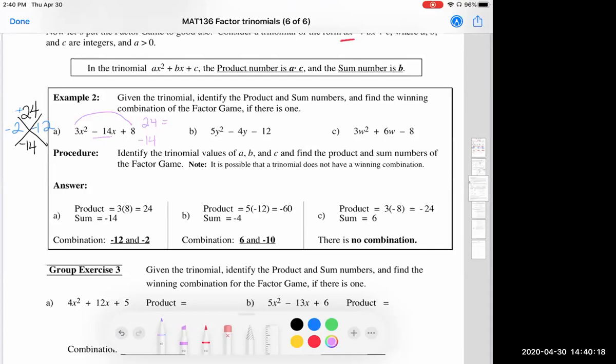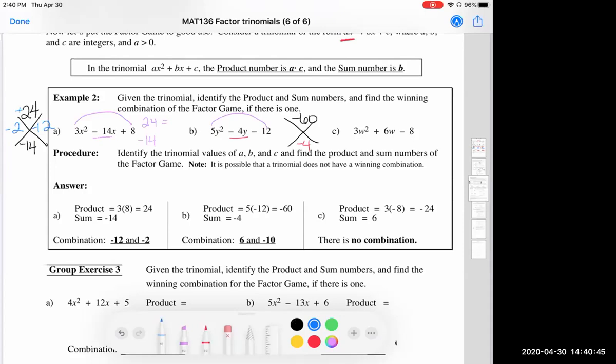So for B, same deal. 5 times negative 12, we get negative 60. And our middle term is negative 4. So what two numbers can I multiply together to get negative 60, but add to give us negative 4? And you can think of your numbers. 1 times 60, 2 times 30, 6 times 10.